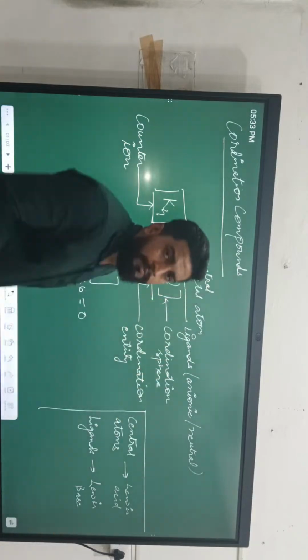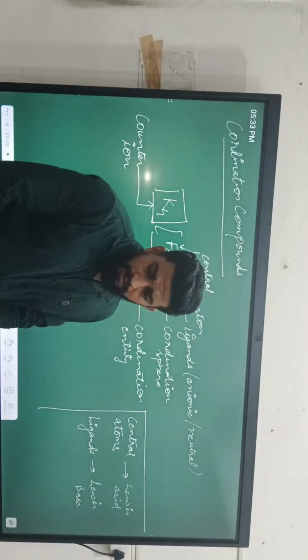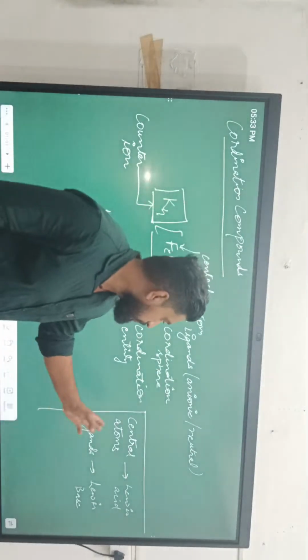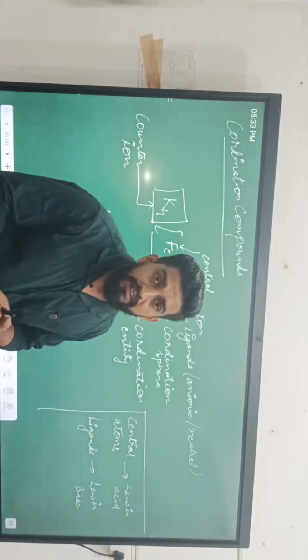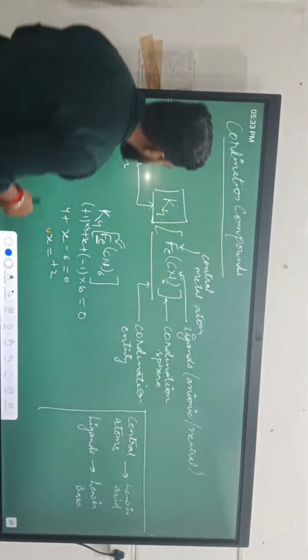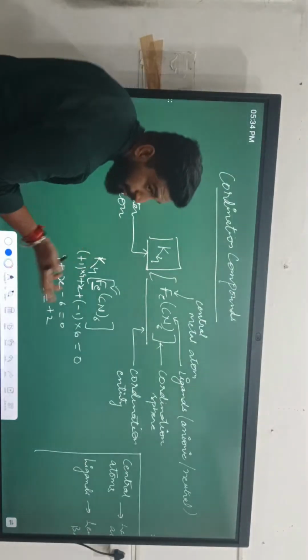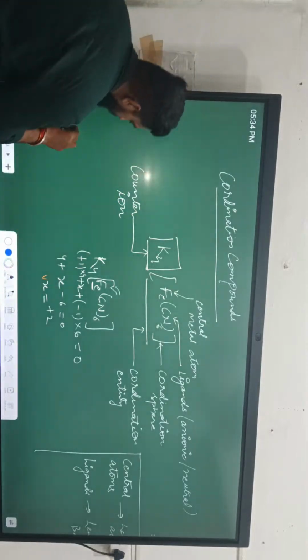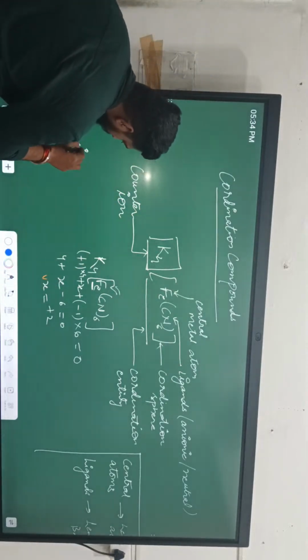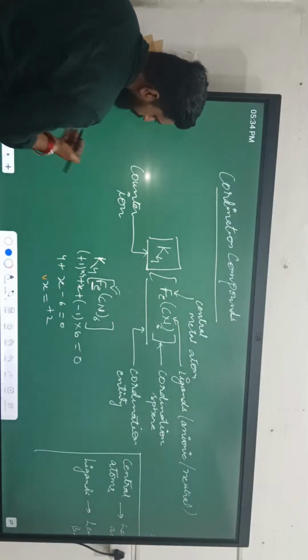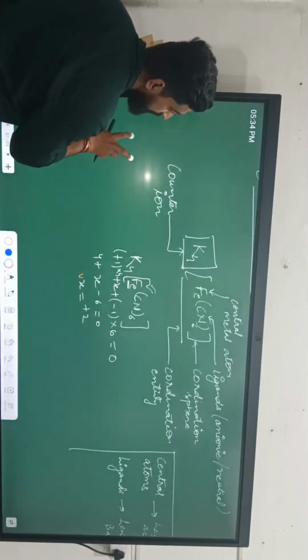Now, the main thing before representing them as a Lewis acid or Lewis base is, we already know, or either you know or not, I'm telling you, Lewis is a scientist who gave the concept about acids and bases.